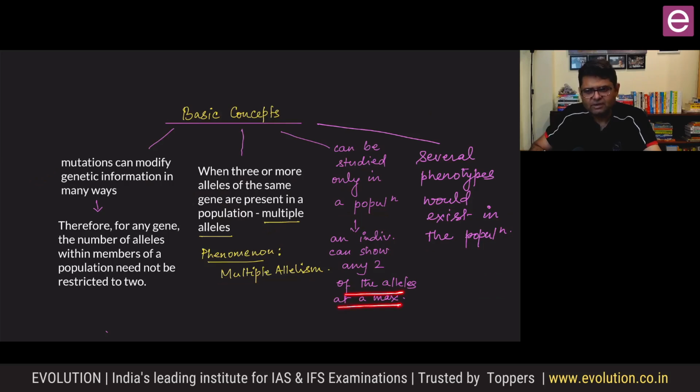You can discover many alleles. And because there are many alleles, you can easily see many phenotypic variations. And that is multiple allelism.